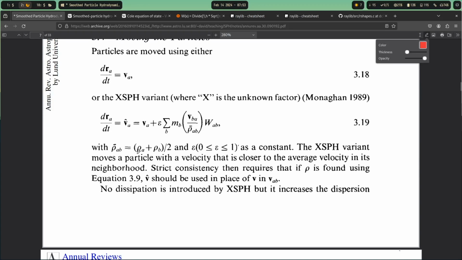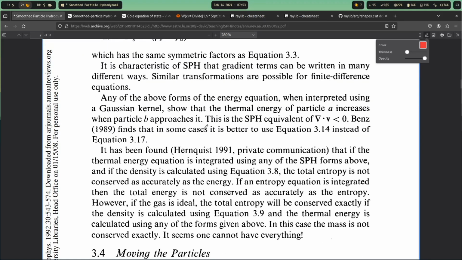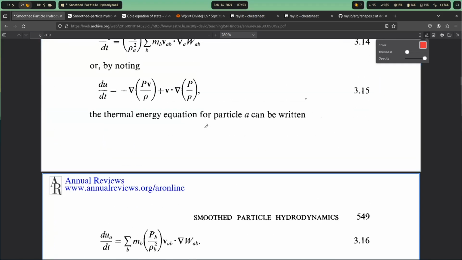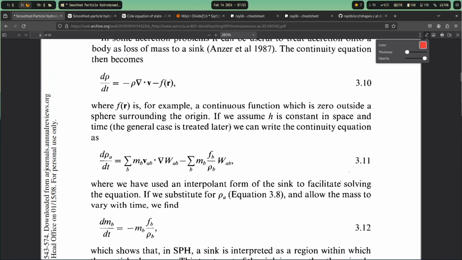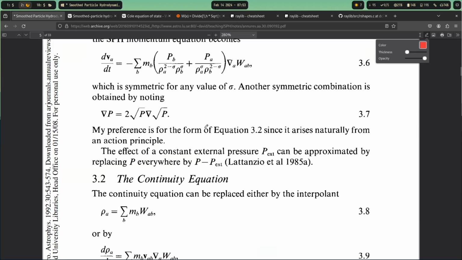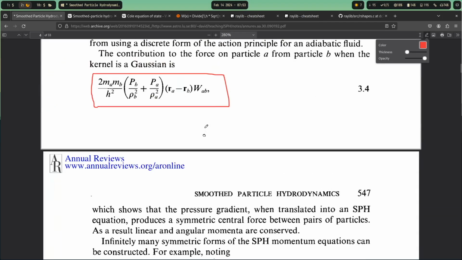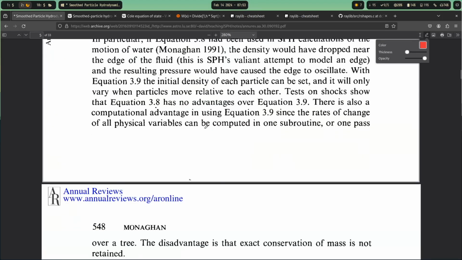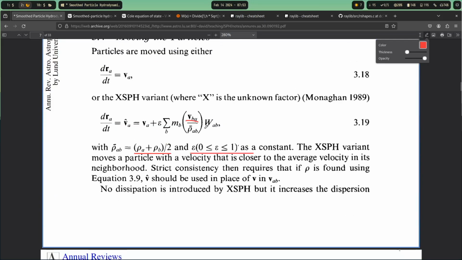So it does an average and whatever constant. So it just uses the speed. I think I saw somewhere what was VAB. It was like, I think it's the difference between VB and VA.